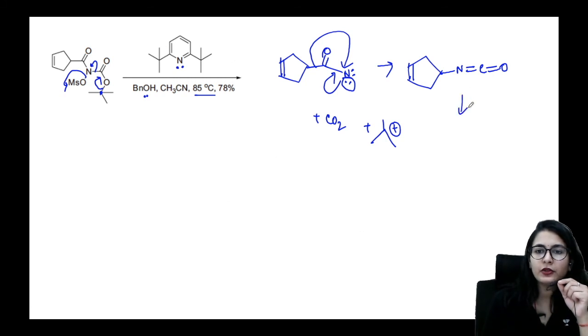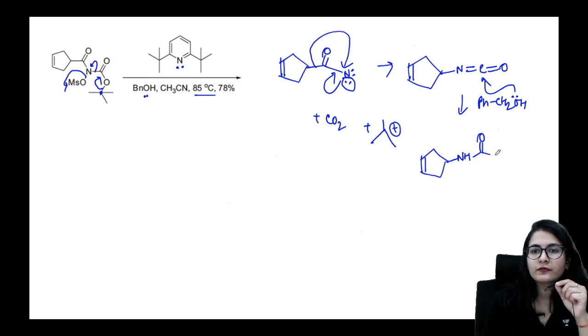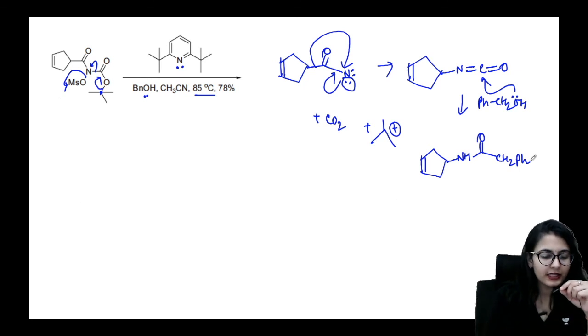And who is your nucleophile? PhCH2OH, benzyl alcohol. It is going to attack over the carbonyl, giving CH2Ph. So this is your product of the whole reaction.